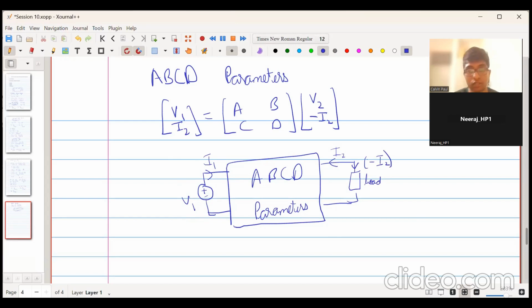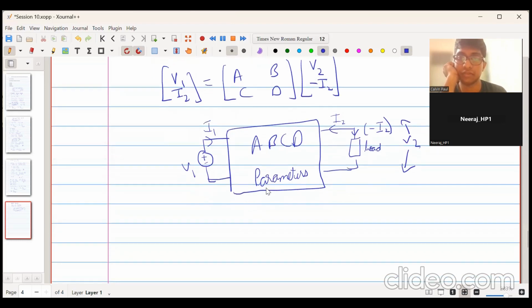When it flows into the load, it generates a voltage V2. So that is how the input voltage and currents are related to the output voltage and currents. This is found using the ABCD parameters.